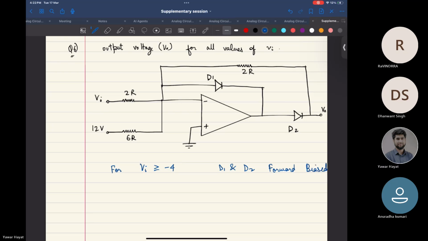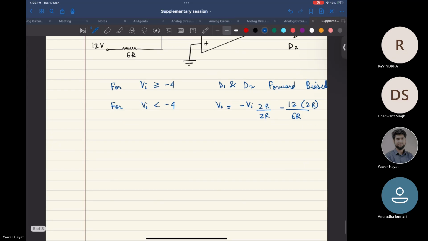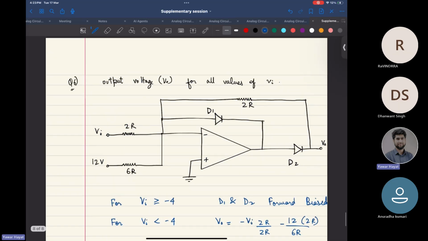For V input less than minus 4, your V output would be equal to minus Vi times 2R by 2R minus 12 times 2R all divided by 6R. Your V output would be equal to minus Vi minus 4. So this is your question 6.